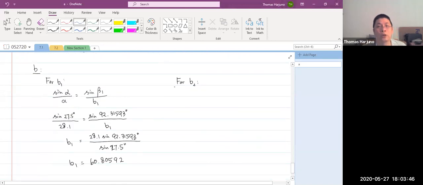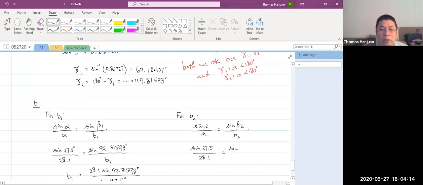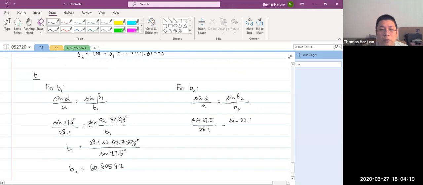For B2, we will basically proceed the same way. Sine alpha over A equals sine beta 2 over B2. Sine 27.5 over 28.1 equals sine, what's that? 32 point something, 32.68407 degrees over B2.